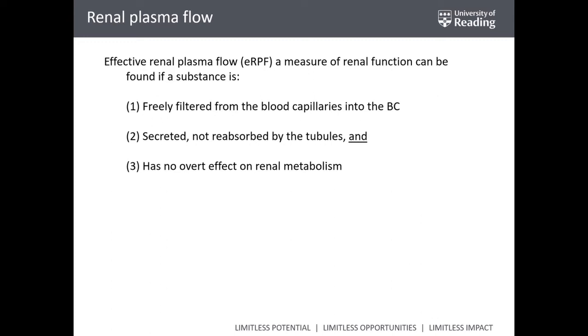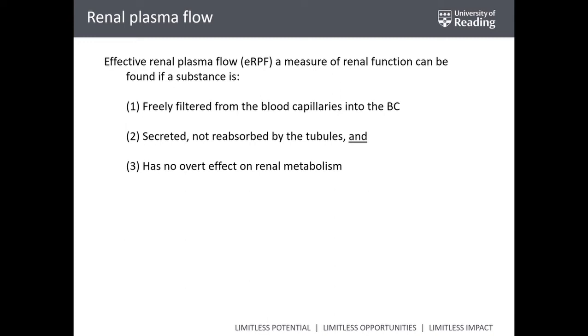Repeat, the clearance of a substance can be used as a measure of effective renal plasma flow if it is freely filtered from the blood capillaries into the Bowman capsule. It is secreted but not reabsorbed by the tubules, and it has no other effect on renal metabolism. It's easy to understand, right?